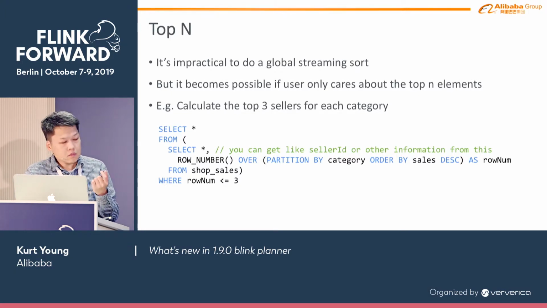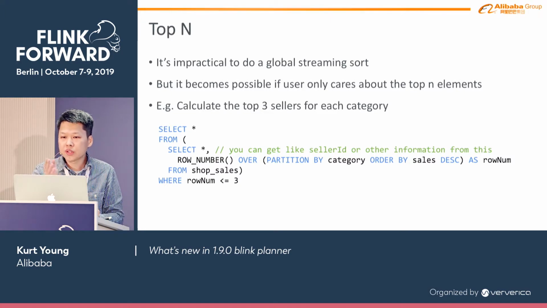In Flink's computation mode, we keep firing retraction messages followed by correct messages. If you do a global sort, every time the order changes, you have to retract all the previous orders. If you have 1 million records and suddenly all the orders change, you have to retract the 1 million records, and then output another 1 million records.